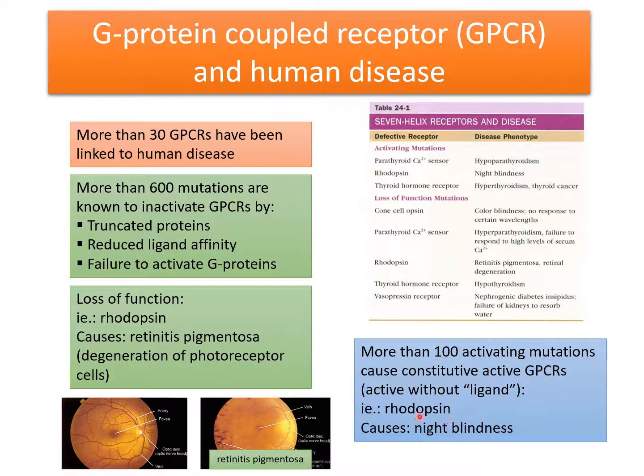So like with night blindness, you have an activating mutation in your G protein coupled receptor. So it's active without the ligand, and it causes night blindness. I don't think I've seen him ask questions from this box here. However, I wouldn't say it's outside the realm of possibilities, but it would probably be fairly low yield for him.